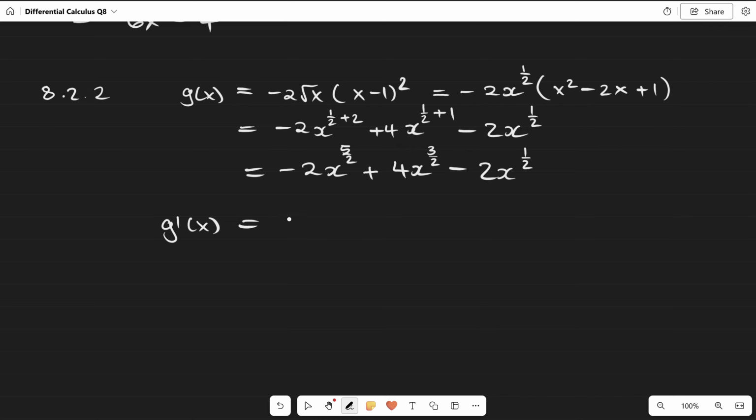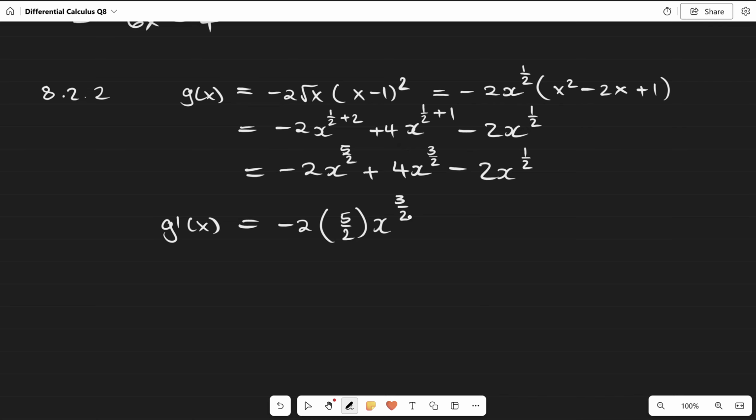To find the derivative, we're just going to use the power rule, right? So we say negative 2, that is like our constant k, multiplied by the exponent, which is 5/2, multiplied by x to the 5/2 minus 1, that is 3/2, right?